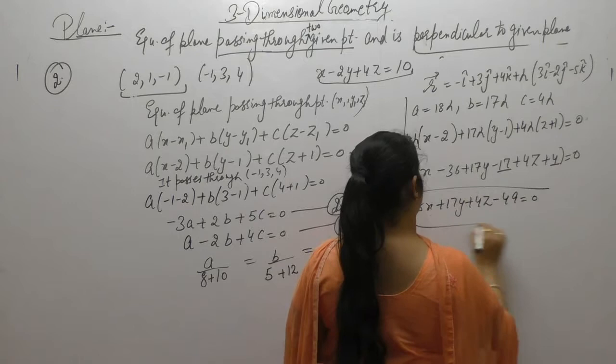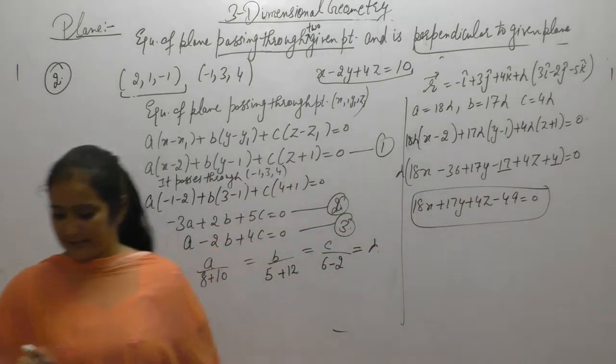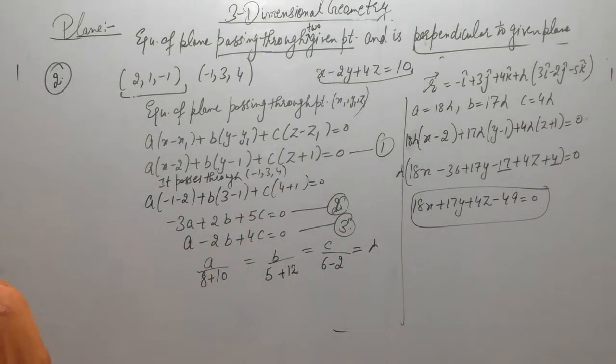So we get this equation: 18x plus 17y plus 4z minus 49 equals 0.